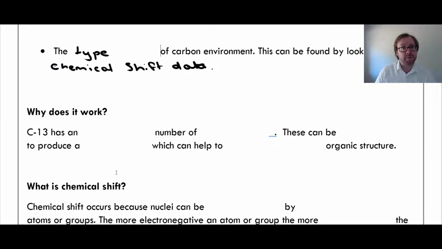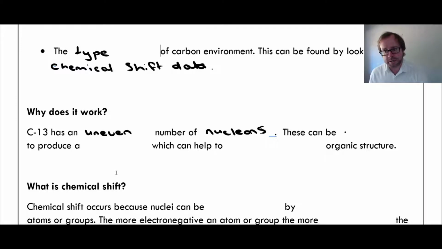There is another video if you want to go into more depth on this. So why does it work? Carbon-13 has an uneven number of nucleons, and nucleons are the number of protons and neutrons in the nucleus. So in this example, that equals 13.